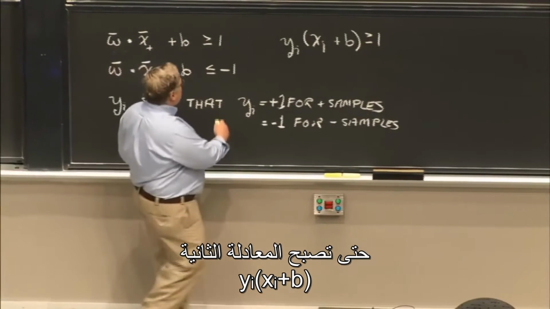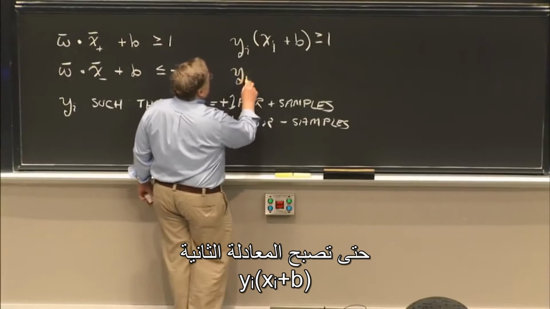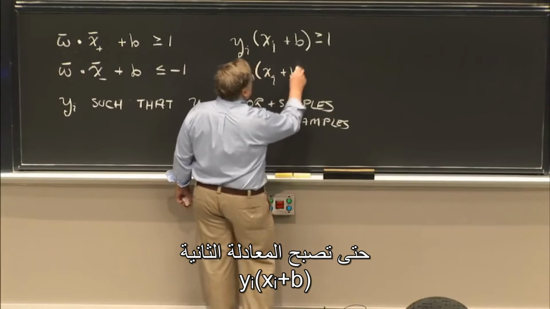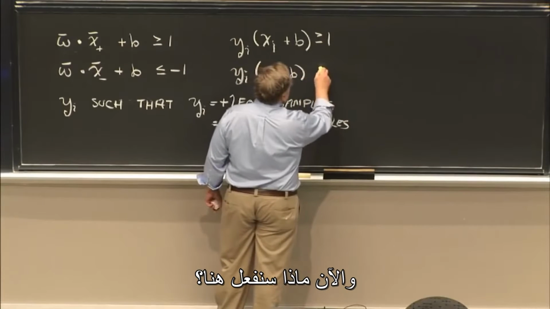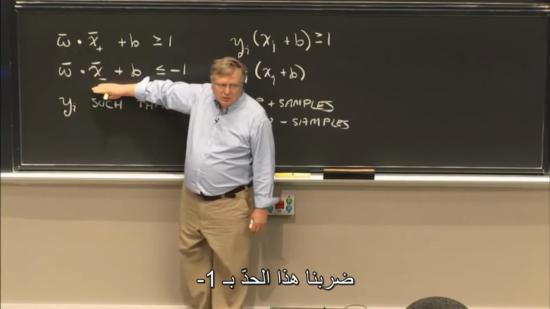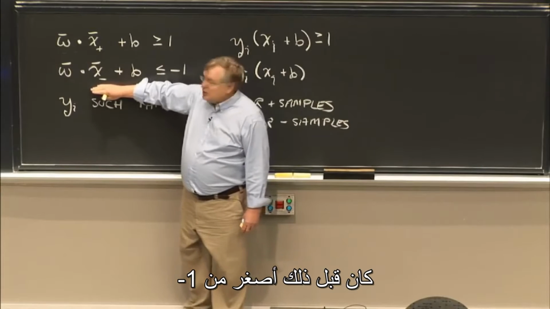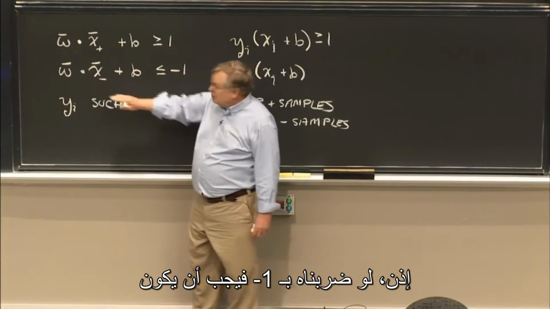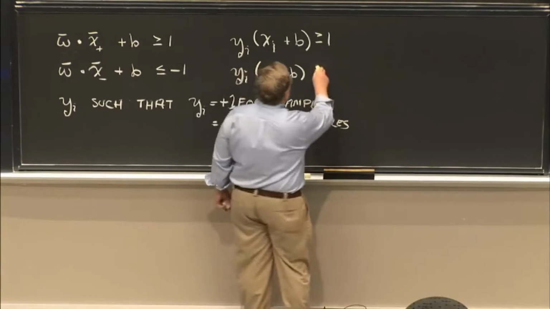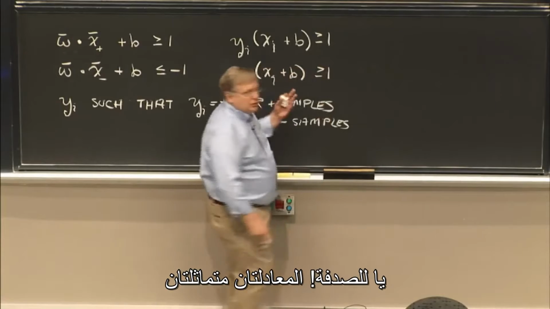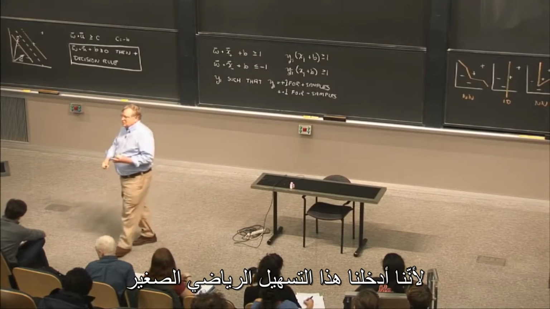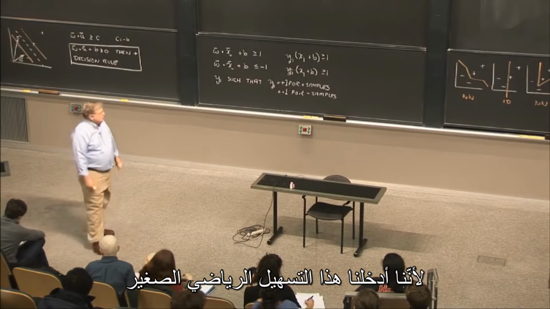So the second equation becomes y sub i times x sub i plus b. And now what does that do over here? We multiplied this by -1. So it used to be the case that that was less than -1. If we multiply it by -1, then it has to be greater than +1. Oh, oops, the two equations are the same, because of this little mathematical convenience we introduced.